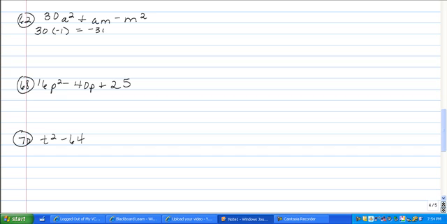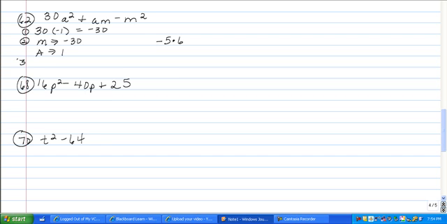We get a negative 30. So we need two numbers that multiply to give us negative 30, but add to give us the middle coefficient. So it would have to be negative 5 and a positive 6. I think that would do it.